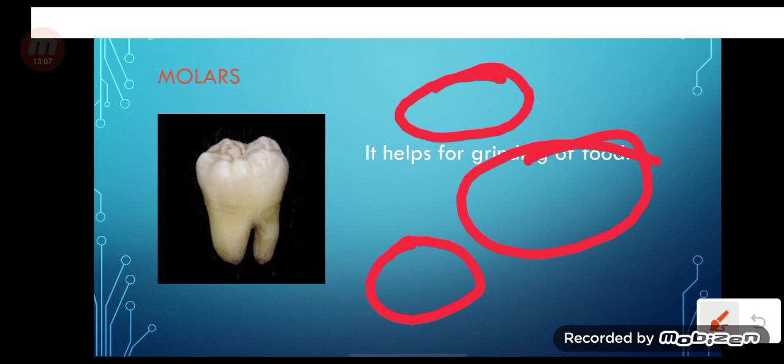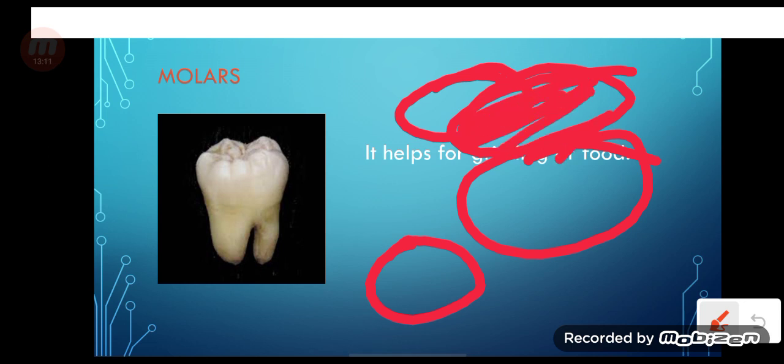Like that dough, it will make the food into a paste, like dosa batter. The food becomes very soft because of molars.